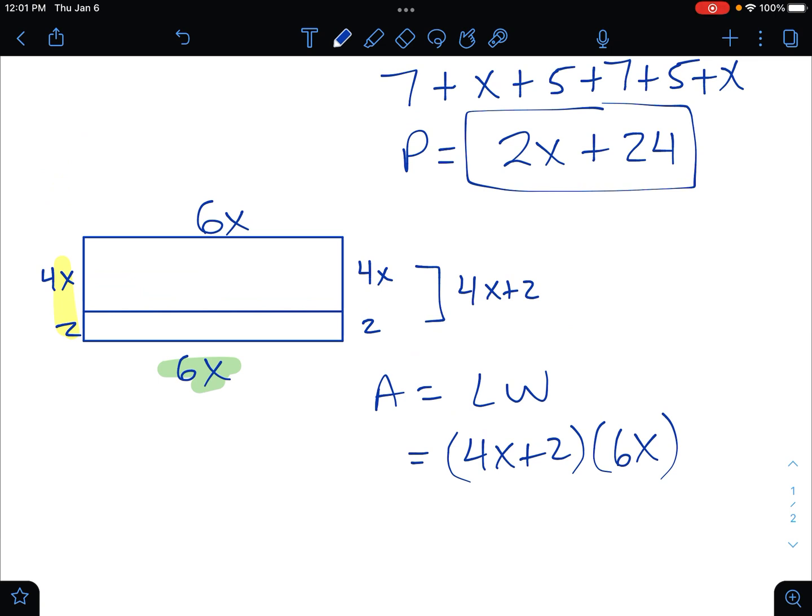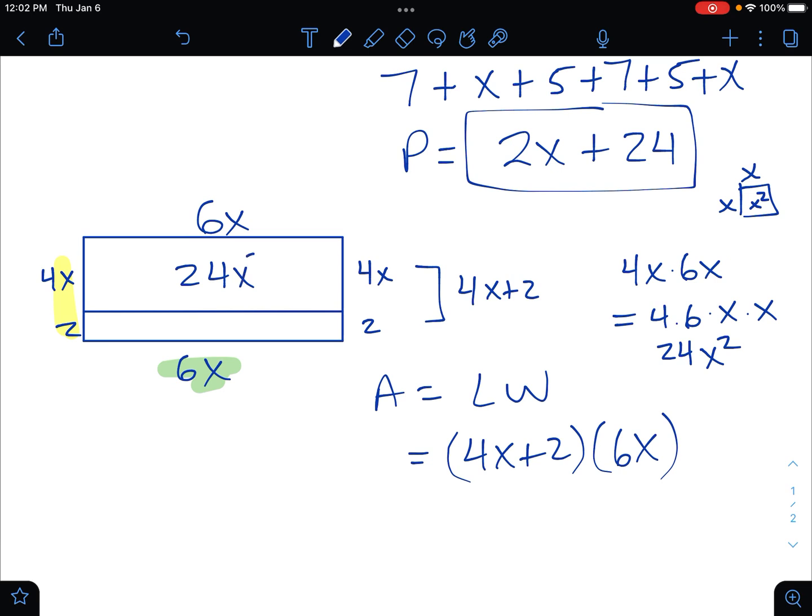If I do 4x times 6x to find this area in here, 4x times 6x is the same thing as 4 times 6 times x times x. That's our commutative property of multiplication. You can change the order of how you multiply. So that would be 24, and x times x makes x squared, because that's why we call this x squared. So that would be 24x squared.